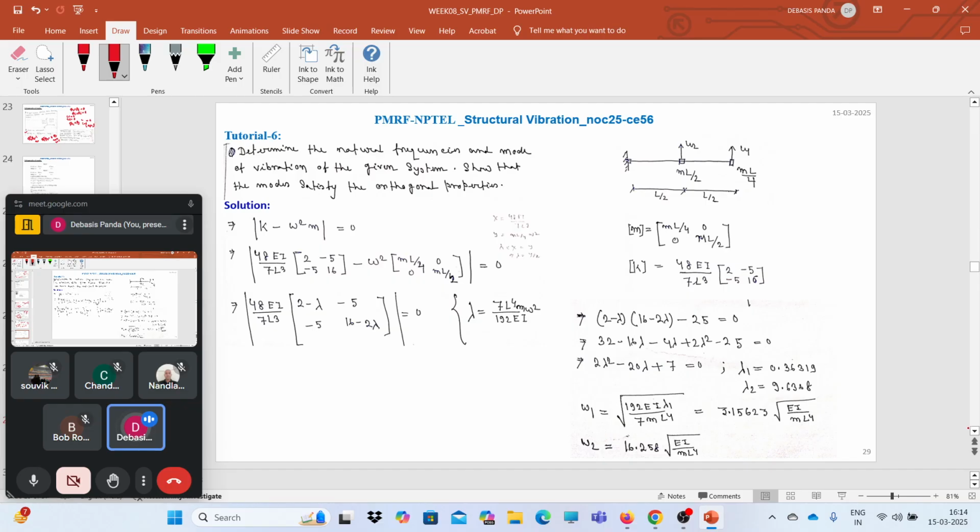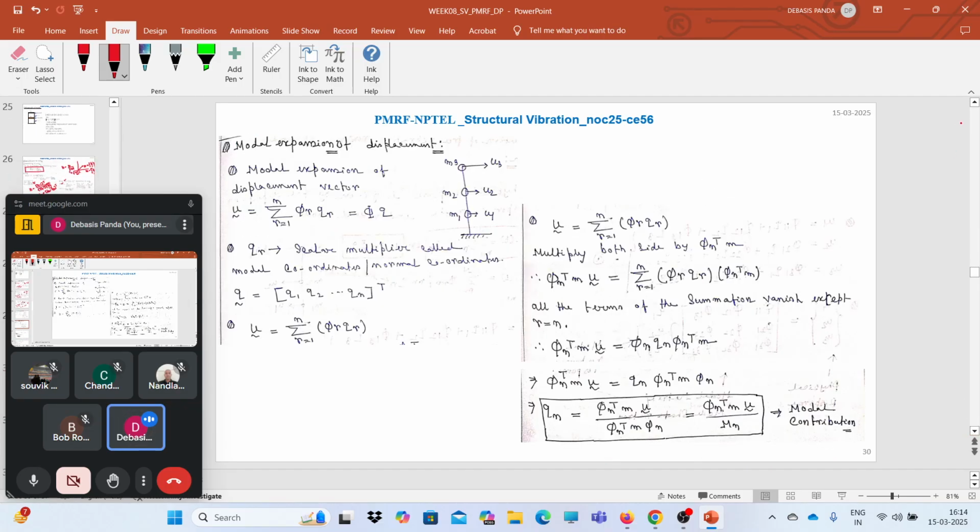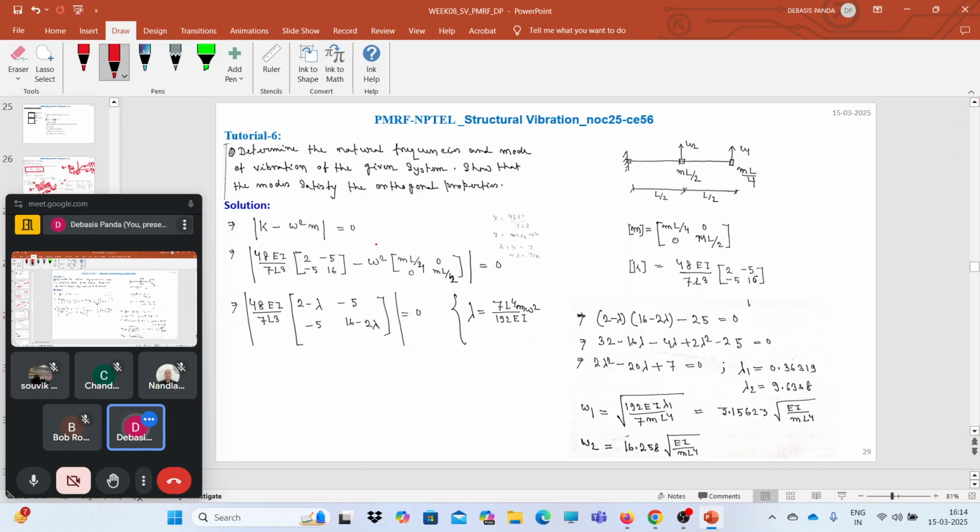Your goal is ultimately showing that. So first we will stick to the first term, finding the two natural frequencies. Once you find the two natural frequencies, you find the corresponding mode shapes. Once you find the mode shapes, you can do the mass normalization, and you can show that these modes satisfy the orthogonal properties.